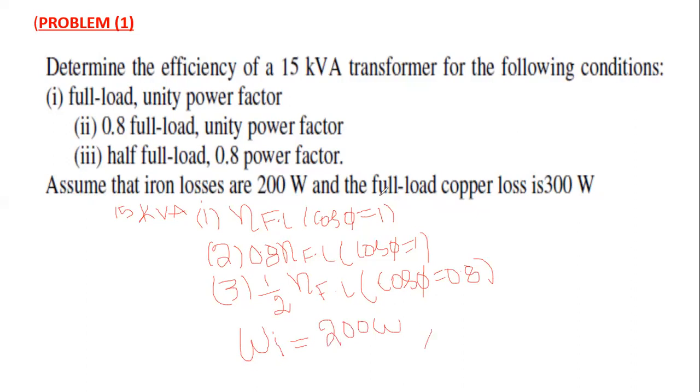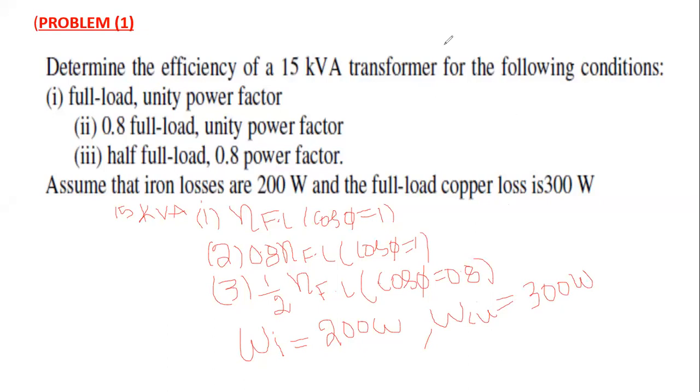Therefore, the full load copper losses, indicated by WCU, are equal to 300 watts, and Wi, the iron losses, is 200 watts.